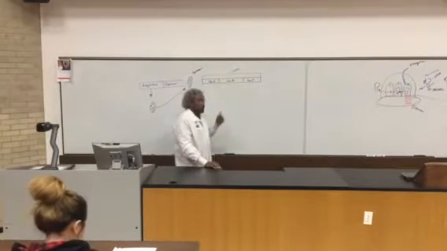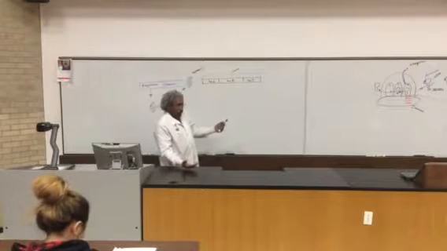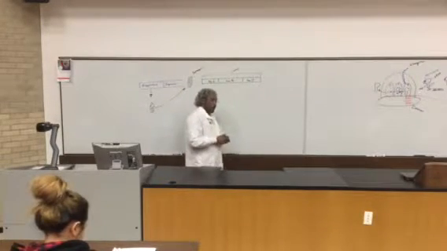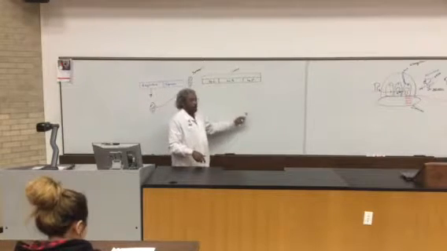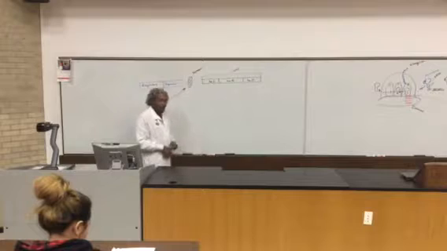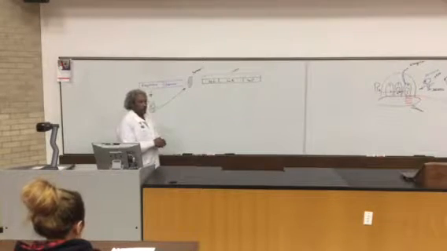These genes are going to code for what? A protein, right? And that protein is going to turn into what? An enzyme that breaks down lactose. But it's turned off because right at this moment, there is no lactose in the environment.